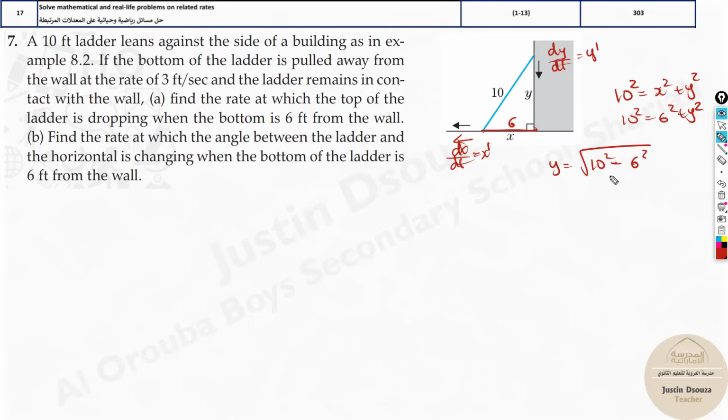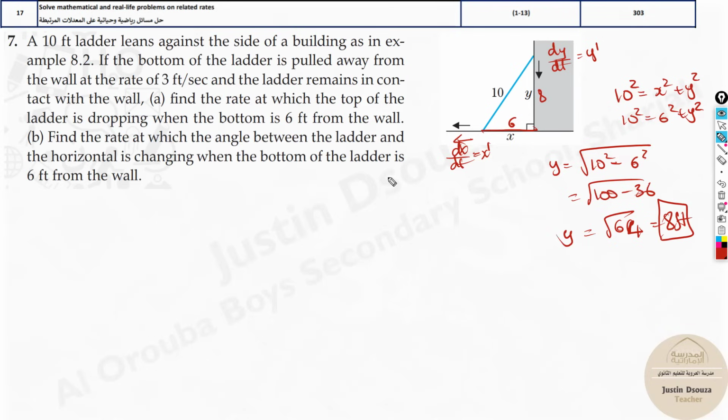It'll be 100 minus 36, so 100 minus 36 is 64. The square root of 64 is 8 feet. Now we found y as well. y is 8 and the hypotenuse is 10. In this situation, x is 6 and the y value is 8.